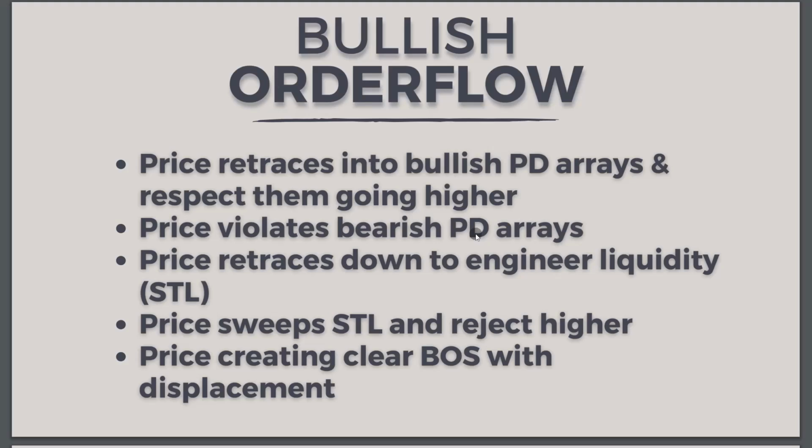Price also retraces down to engineer liquidity, as short-term lows, and those short-term lows will be swept and price will reject higher. And last, price will be creating clear breaker structure with displacement. When it comes to seeing the difference between a liquidity sweep and a breaker structure, displacement is the key.